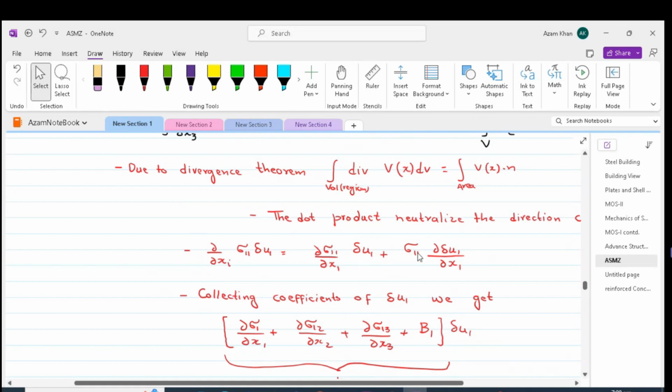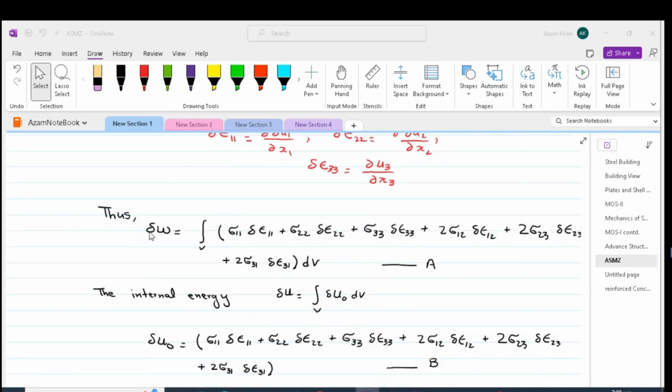Performing all this algebraic activity, we get the variation in total work done equal to the integral of sigma 11 delta epsilon 11 plus sigma 22 delta epsilon 22 plus sigma 33 delta epsilon 33 plus 2 sigma 12 delta epsilon 12 plus 2 sigma 23 delta epsilon 23 plus 2 sigma 31 delta epsilon 31, everything in the bracket integrated over the volume.